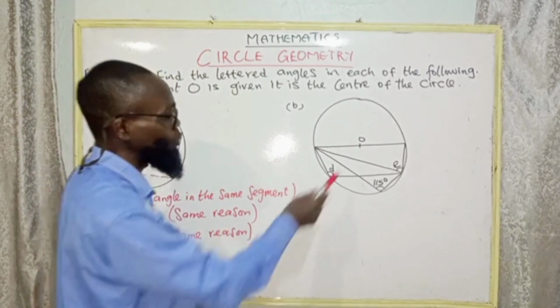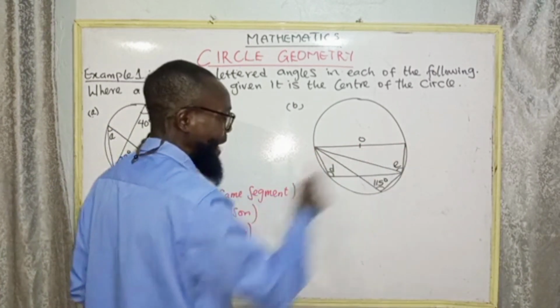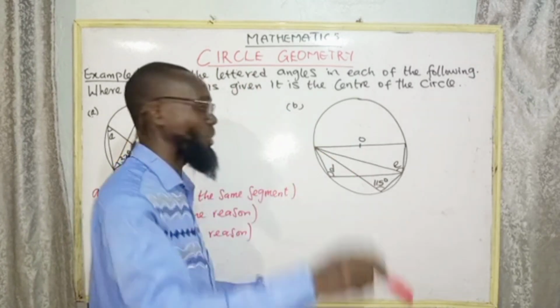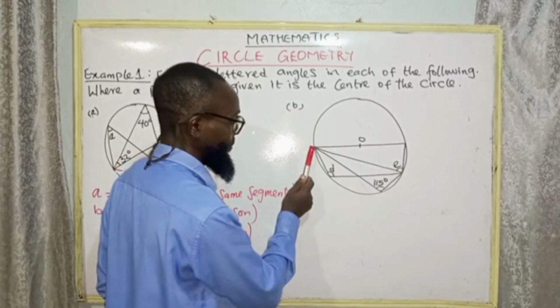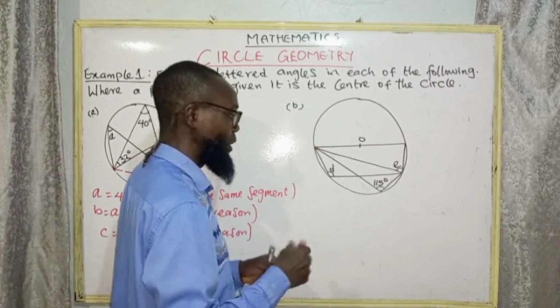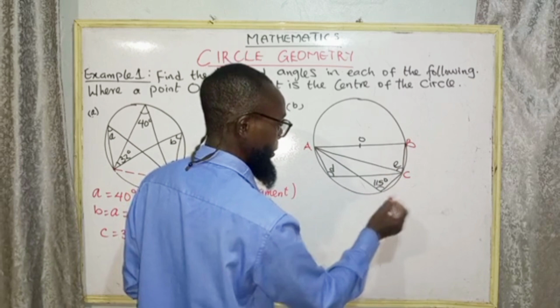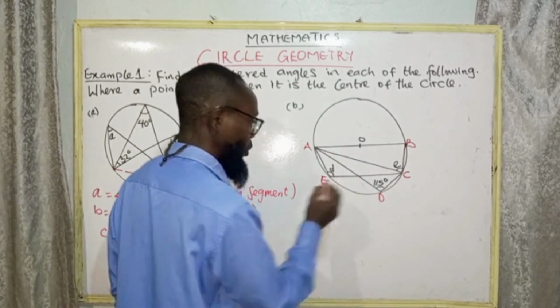Now, look at this point O. This is the diameter. Now, let's look at the angle formed by this diameter on the circumference. Let's label A, B, C, D, E, all those points.